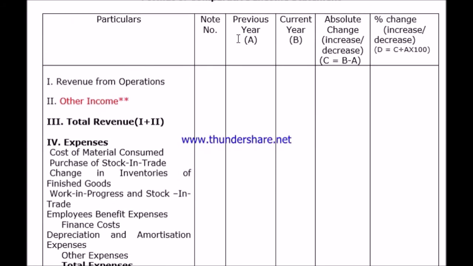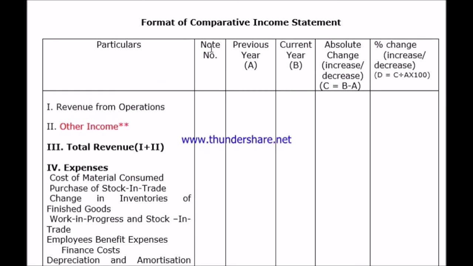Let's come to the previous year and current year columns, the same as what you learned in the format of the comparative balance sheet. Absolute change is the same: column C is equal to value of column B minus value of column A, and percentage change is equal to value of column C divided by value of column A into 100.